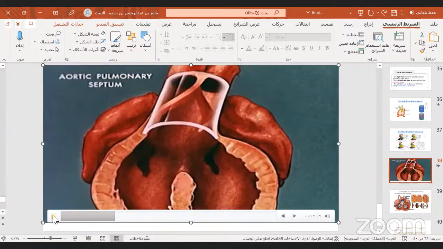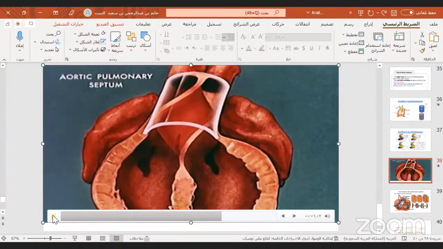If you have a defect that associates with this process, what do you think can result? Truncus Arteriosus. Yes, that's one, correct. How about something else? So what is Truncus Arteriosus?